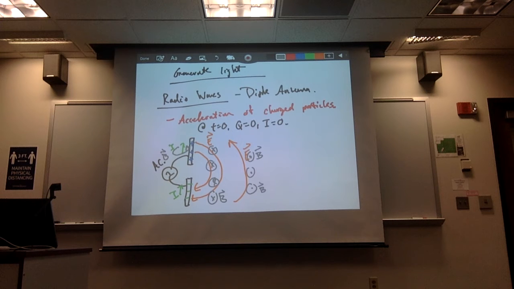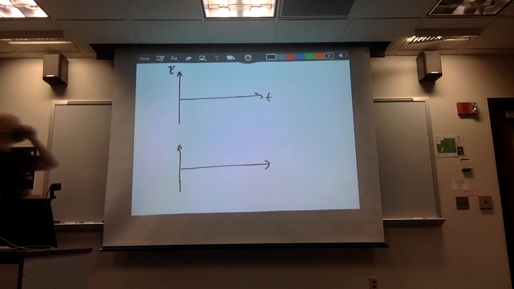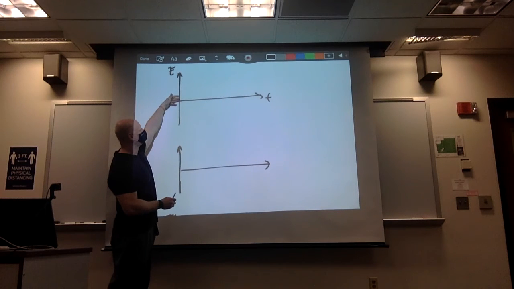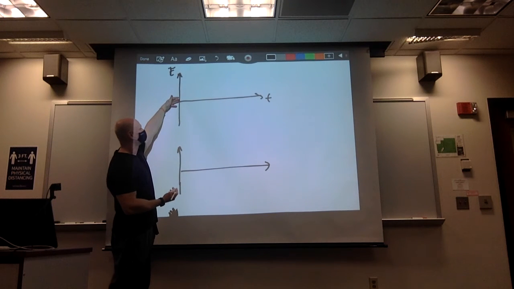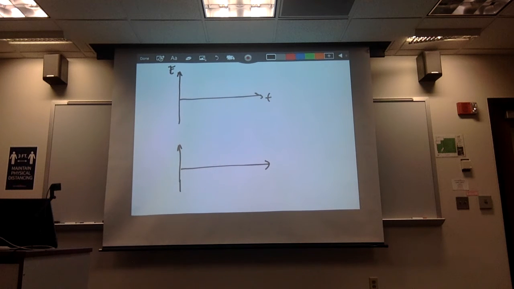So let's think about what's happening. Let's draw the magnitude of both the electric field and the magnetic field. So this was my electric field as a function of time, and this is my magnetic field as a function of time. Initially I'm going to have zero magnitude of my electric field because that has zero charge. But then the charges are going to slowly increase, which means my electric field is going to start getting bigger over time.